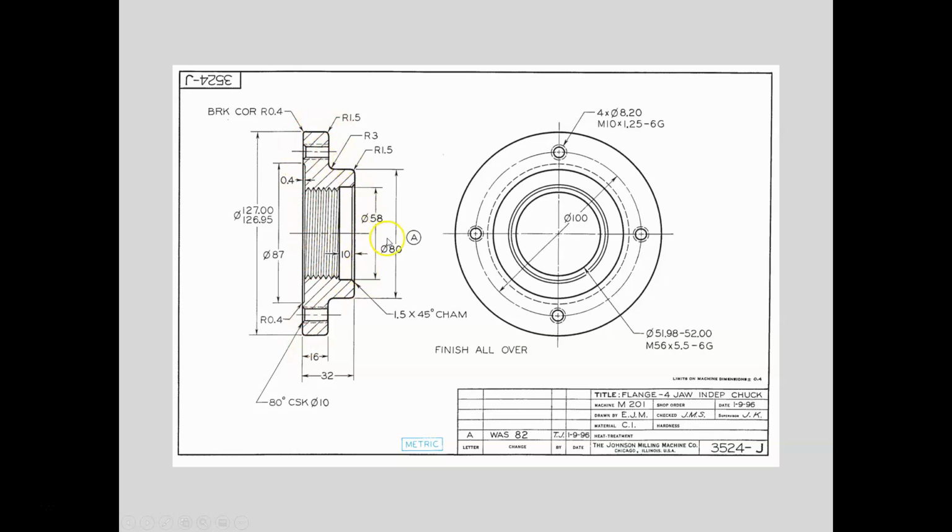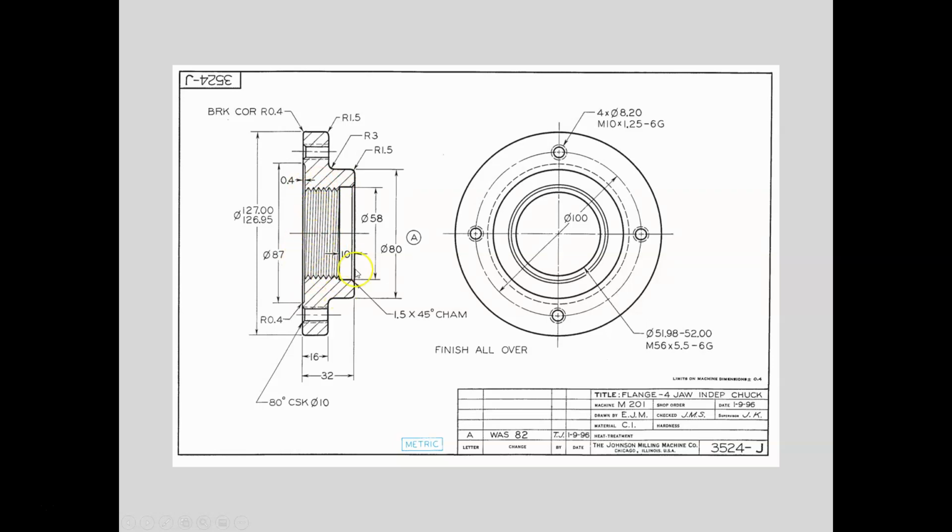We have a smaller cylinder here with a diameter of 80. We have a larger cylinder here which is dimensioned with a tolerance of 127 to 126.95. We also see that we have a hole in the center, and the hole in the center we can see by the drawing here is tapped or threaded.